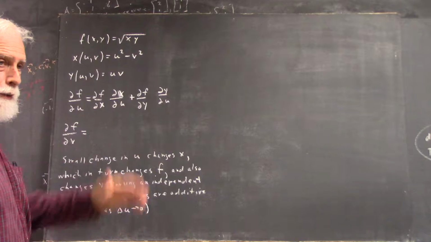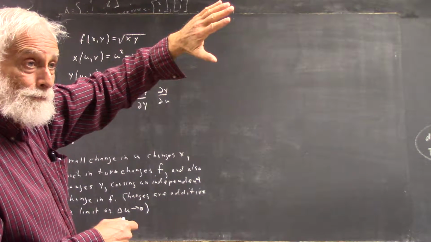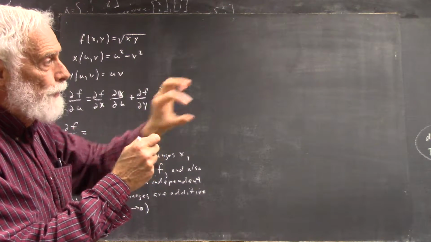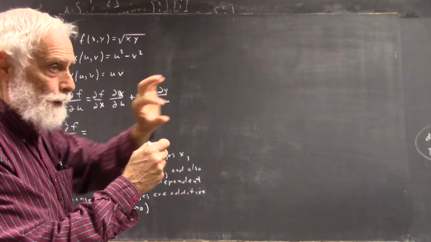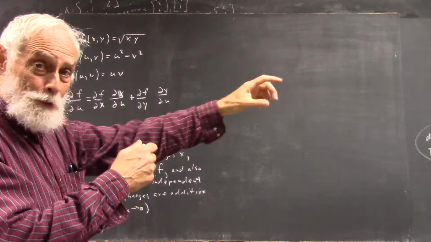In other words, the closer this surface is to a tangent plane, and the closer the change at this diagonal is to the sum of this one and this one. Waving my hands, but you know what the picture is, okay?